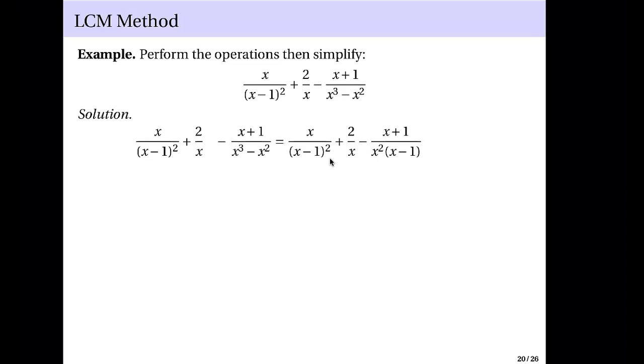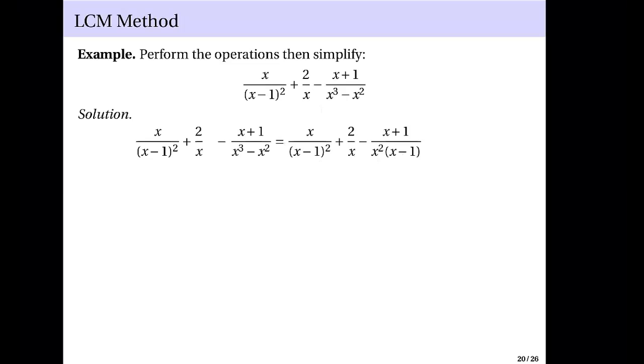Now, look at all the factors. You have (x minus 1) squared here, you have x squared, and then you have x minus 1. So what is the LCM? We have three expressions here. Let's say this is P of x, this is Q of x, and this is R of x.